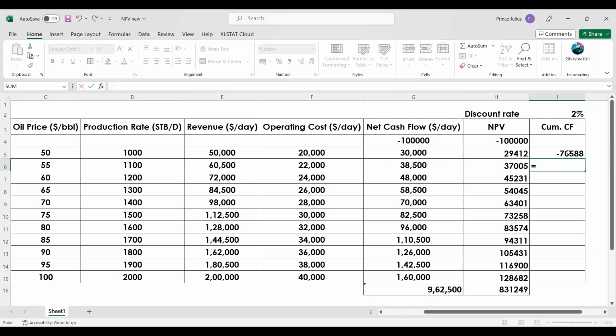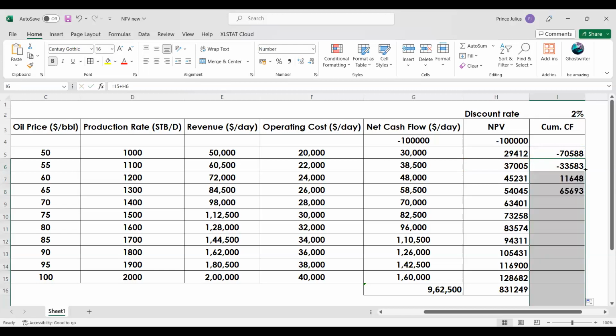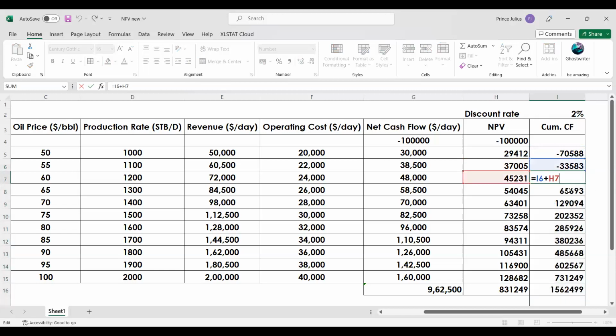When it comes to the second income, select the cumulative outcome of the first cell plus the cell of the second NPV income. Then from there onwards, you start moving forward, and it will go on continuously calculating the values.